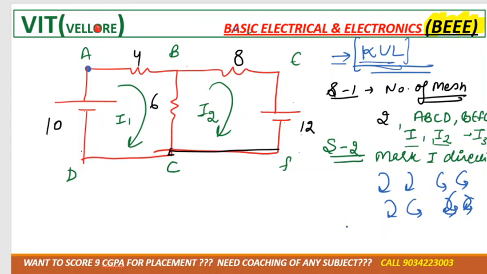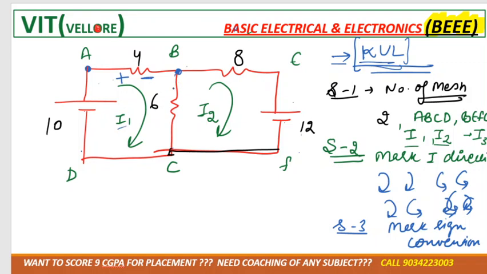Now step number 3, we have to mark sign convention. As you know, current always moves from higher potential to lower potential. Higher potential will be marked as positive, lower potential will be marked as negative. Now I1 is moving from A to B, positive to negative.